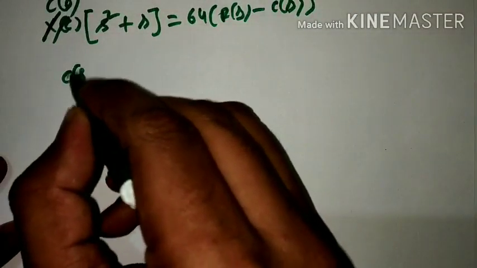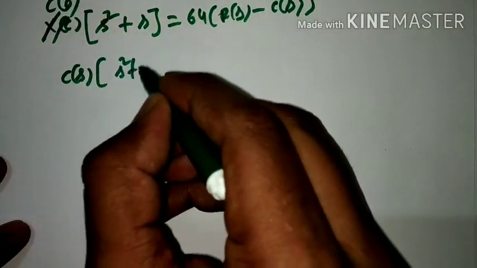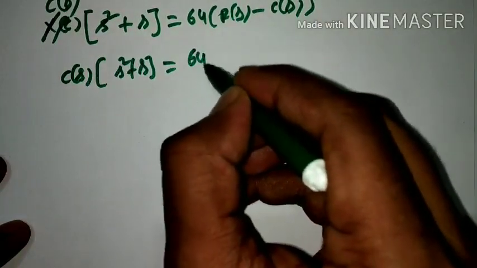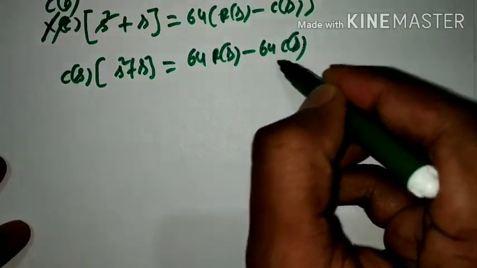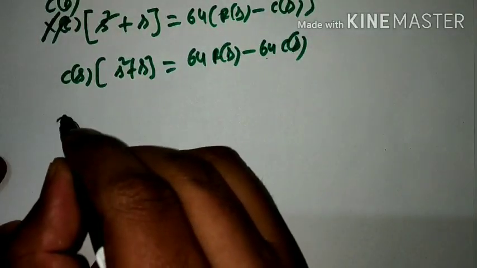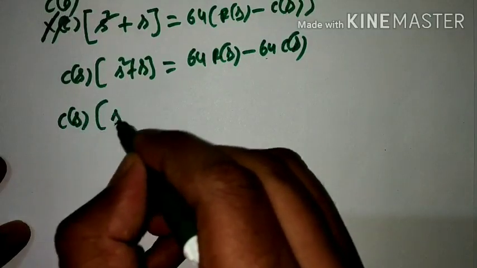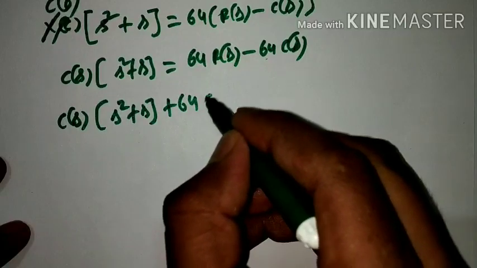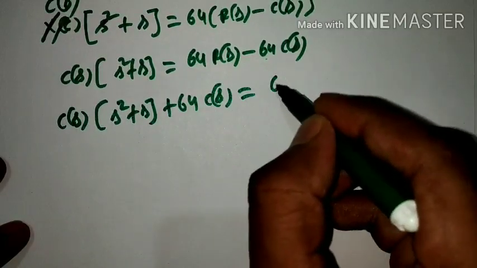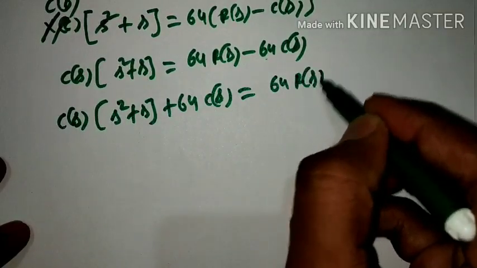Now C of s is equal to s square plus s, is equal to 64 into R of s minus 64 C of s. So 64 C of s, you just bring this side: C of s into s square plus s plus 64 C of s is equal to 64 R of s.